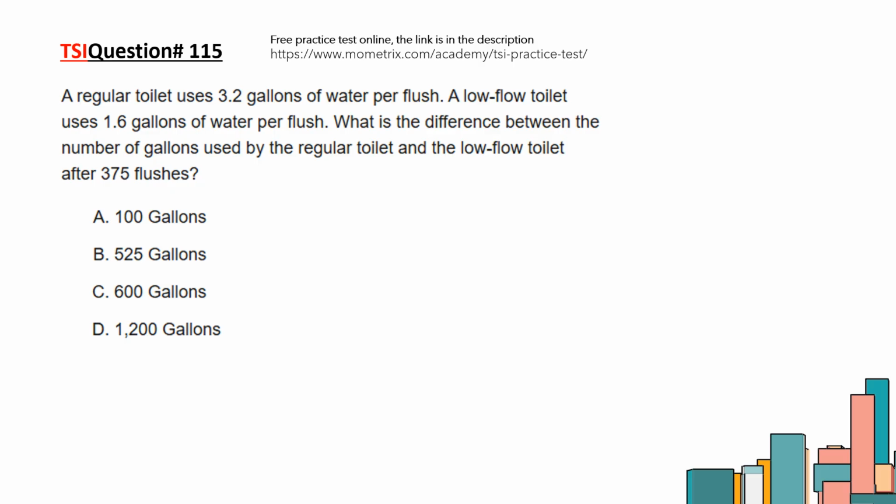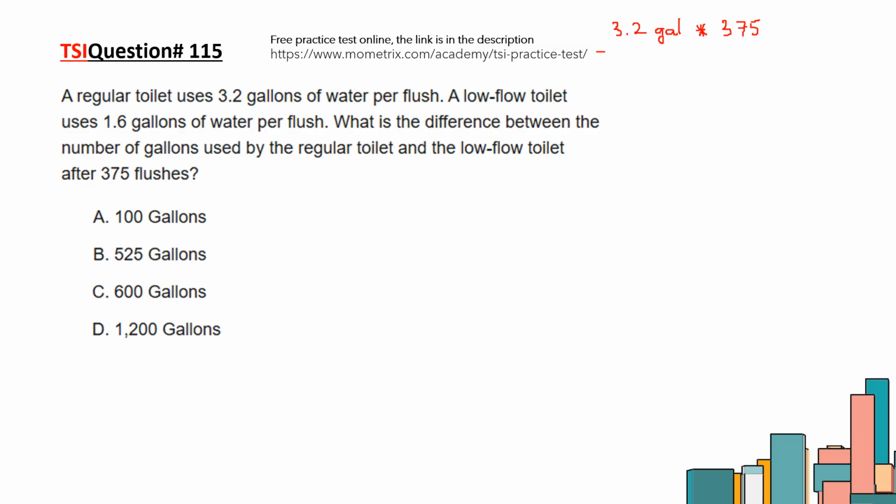So in this question, the regular toilet uses 3.2 gallons, and then you multiply by how many times they flush, which is 375.